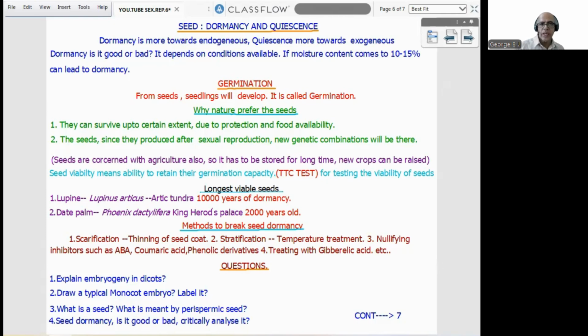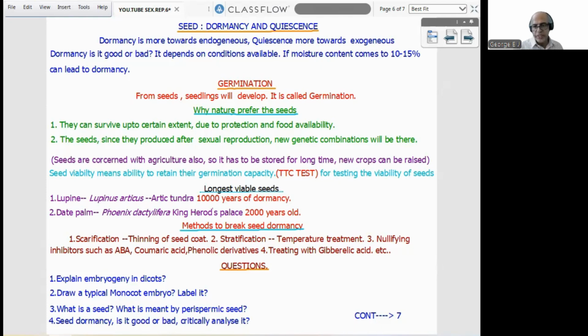We can decide that only depending on the situation and environment. If suitable conditions are available, a dormant seed should germinate. Otherwise, it is better to suppress. Many factors can lead to dormancy, specifically adversity. One is moisture content. If it comes to 10 to 15%, the seed will become dormant. Now comes germination.